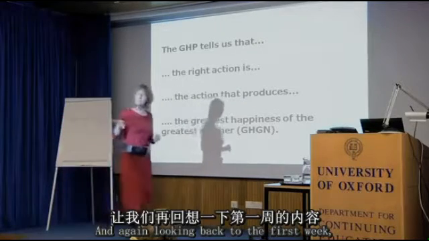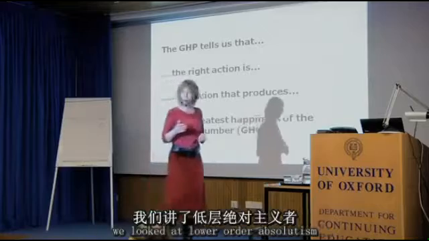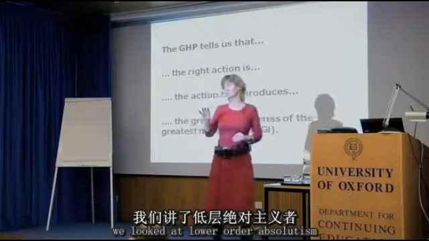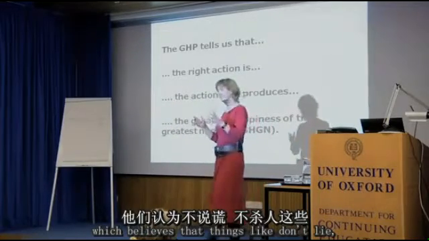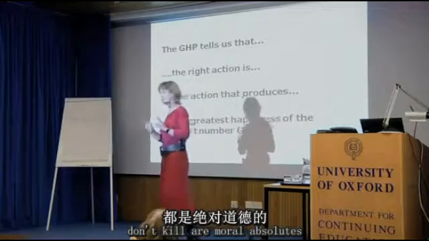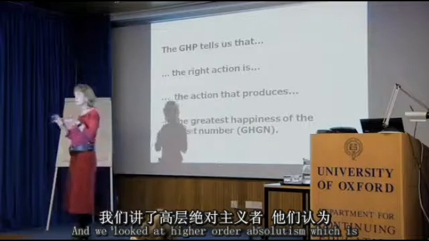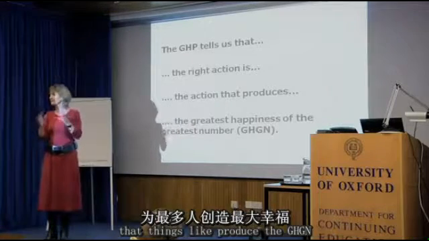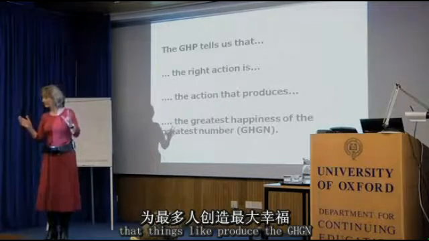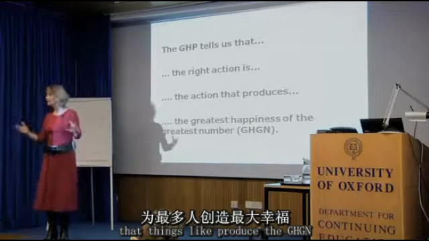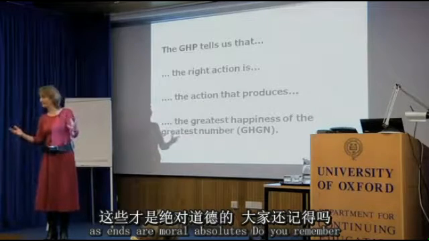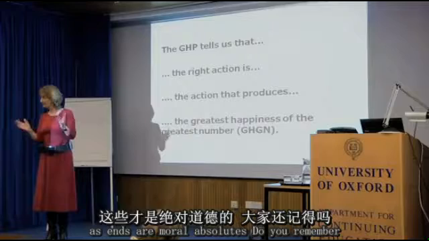And again, looking back to the first week, we looked at lower order absolutism, which believes that things like don't lie, don't kill are moral absolutes. And we looked at higher order absolutism, which is that things like produce the greatest happiness of the greatest number, or treat others always as ends are moral absolutes. Do you remember?